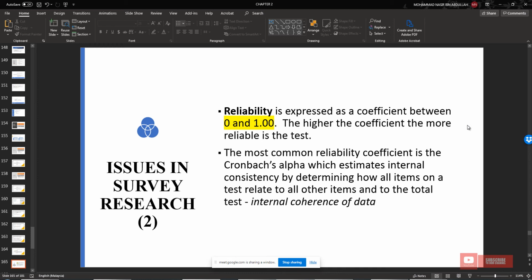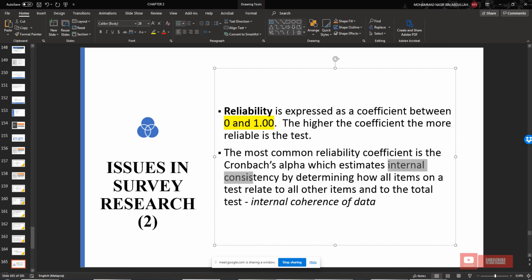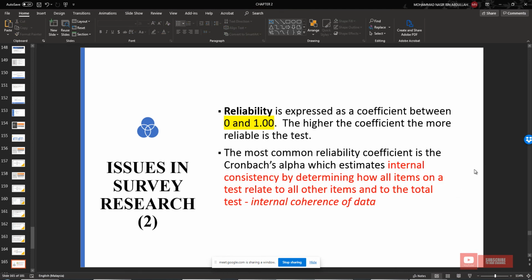When you have a lower value, the reliability is not good and cannot be trusted. The common reliability coefficient is Cronbach's Alpha, which estimates internal consistency by determining how all items on a test relate to all other items and to the total test. This is internal consistency data, right?